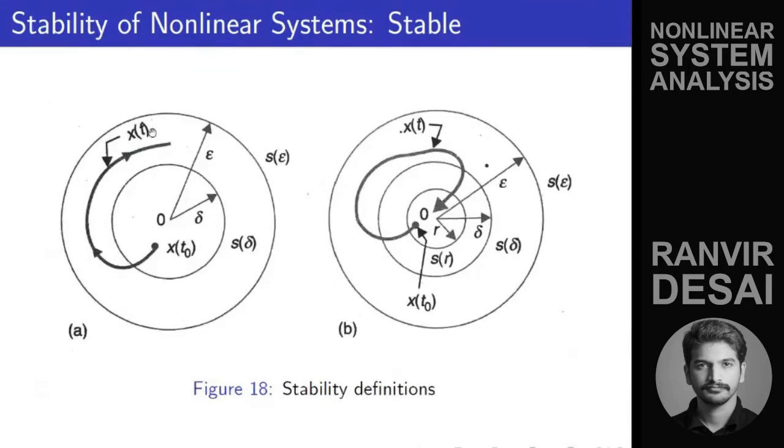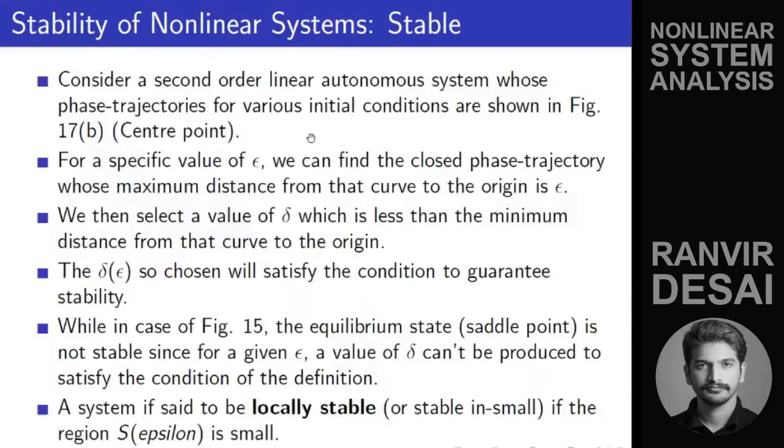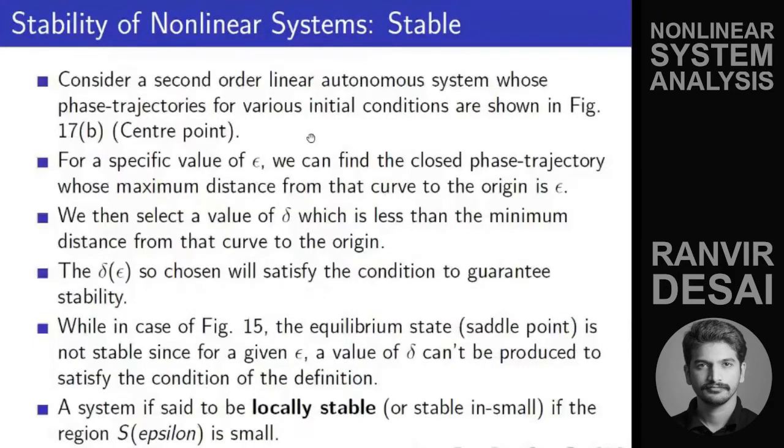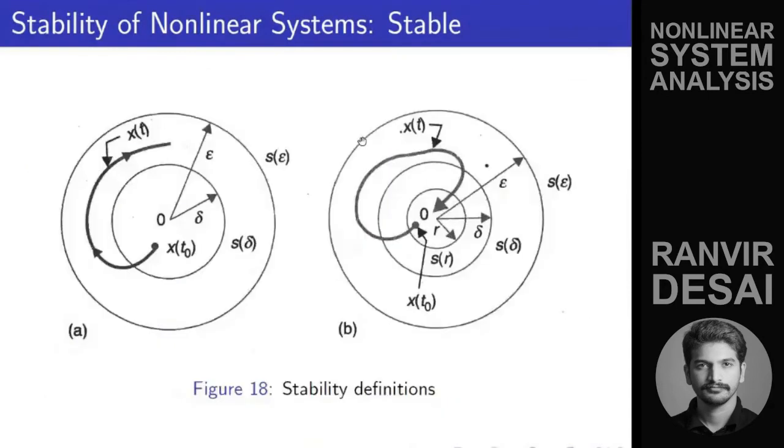This was the definition for stable, the first definition that you have written down. Now the second one is another definition. Consider a second order linear autonomous system whose phase trajectory is 17b.